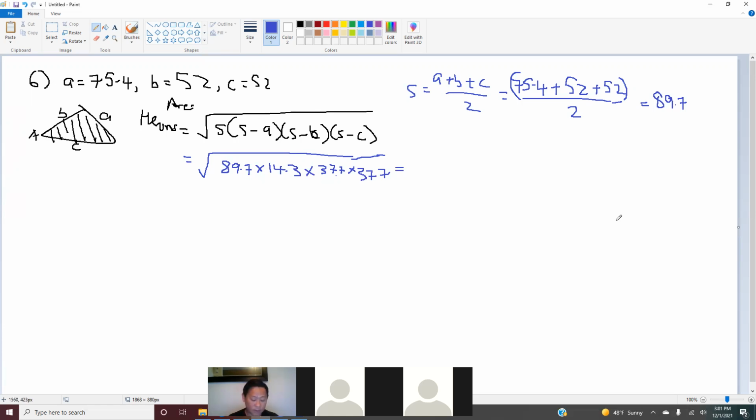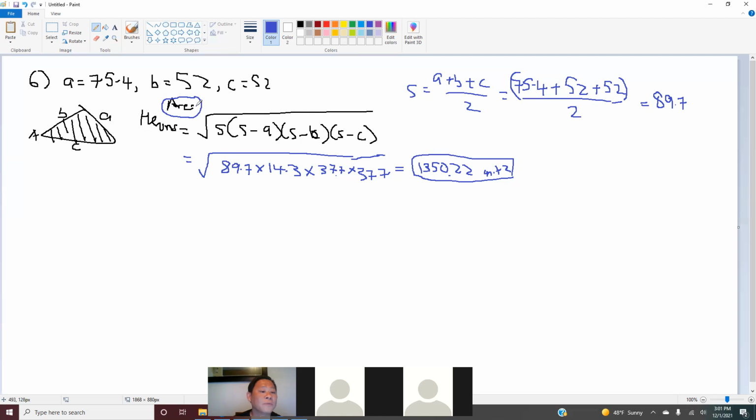And that's the area of this triangle. So 89.7 times 14.3 times 37.7 times 37.7, and then you take the square root of it. So this area is 1,350.22 square units. Again, this question number 6 is not asking us to solve the triangle.